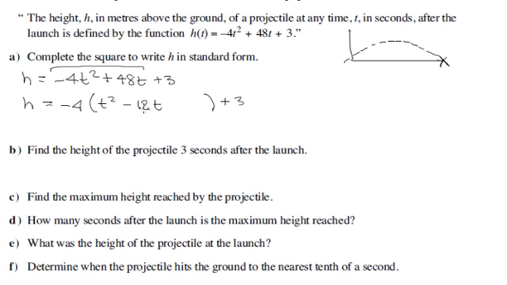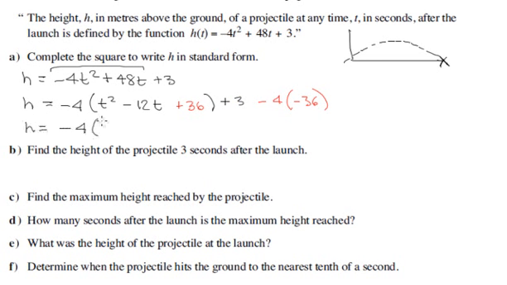Now, take the minus 12, cut it in half, that's minus 6, square it, and you get plus 36. And then out here, because inside we have minus 4 times 36, here we have minus 4 times minus 36, so that this and this in red cancel each other out. Now we just try to clean that up.